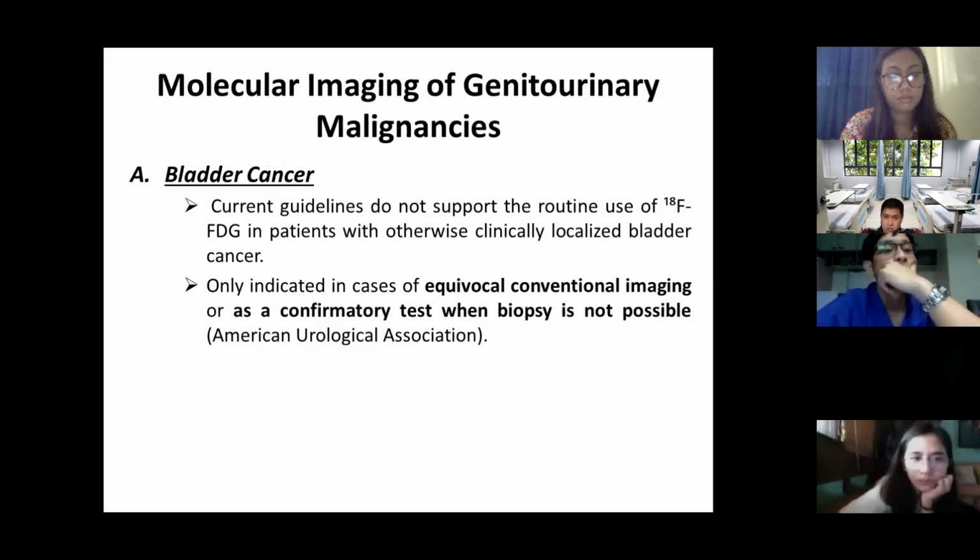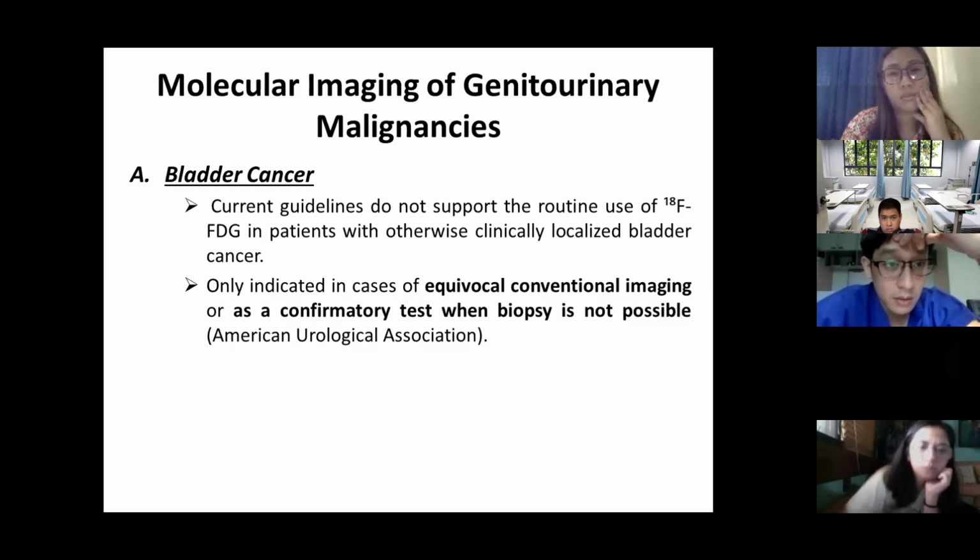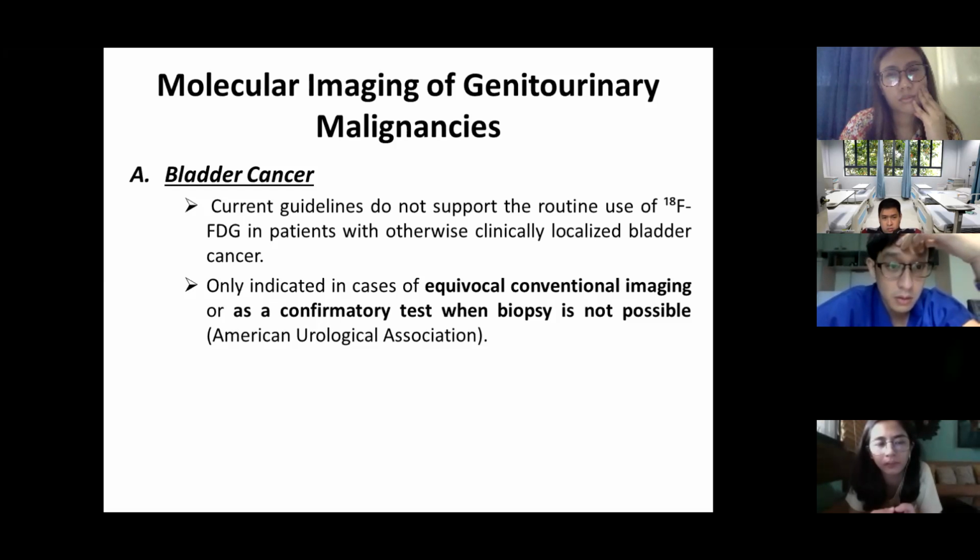So first we have the bladder cancer. Current guidelines do not support the use of FDG in patients with otherwise clinically localized bladder cancer, as it remains unclear if the detection of extravesical disease on molecular imaging alone changes outcome. PET imaging of the bladder is only indicated in cases of equivocal conventional imaging or as a confirmatory test when a biopsy is not possible.